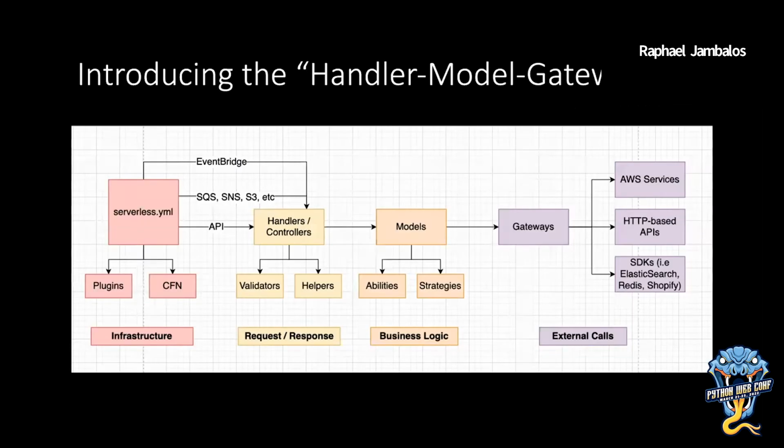So we introduced the Handler-Model-Gateway pattern, HMG. We haven't built HMG as a framework, but this is what we're enforcing as a convention on our team, and I'd like to share it with you so you'll be able to use it as well. Or perhaps if you have the time, you'll be able to build a framework for this to make it easier for everyone to build serverless applications in Python.